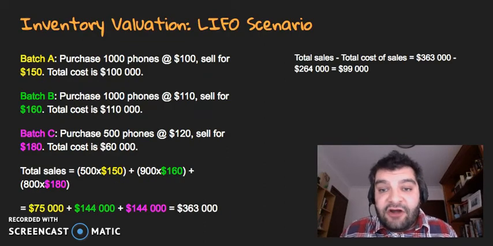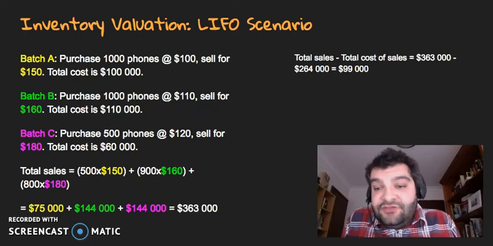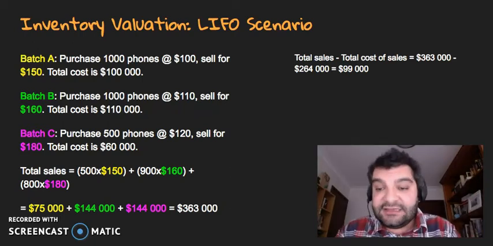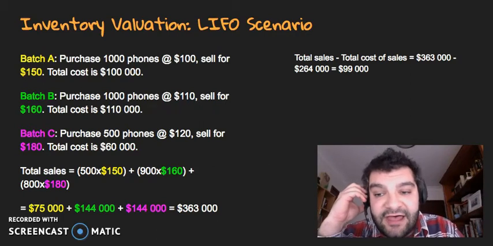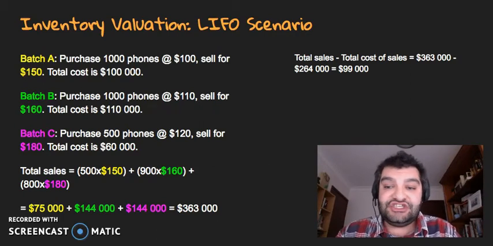It's the same scenario as in FIFO. However, you'll notice that the numbers in the top right-hand corner of the slide have changed. We still have the same total sales, $363,000. However, the total cost of sales has changed.